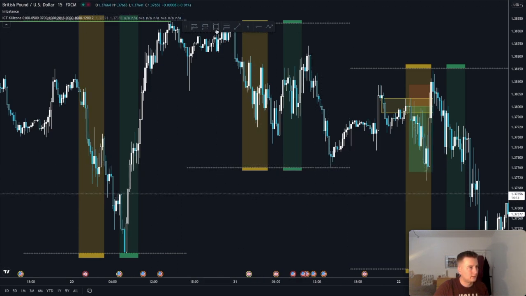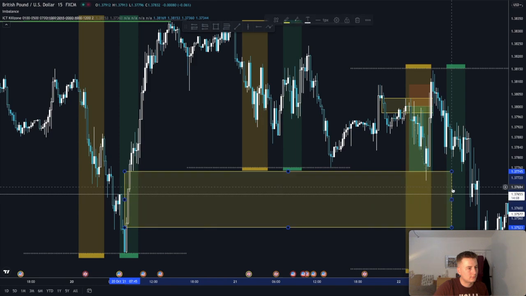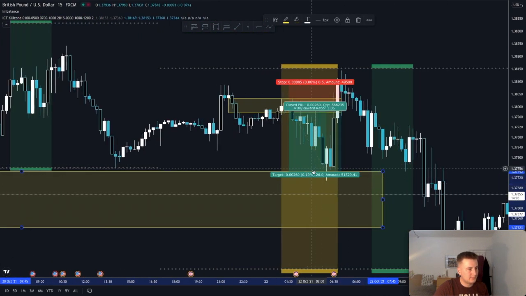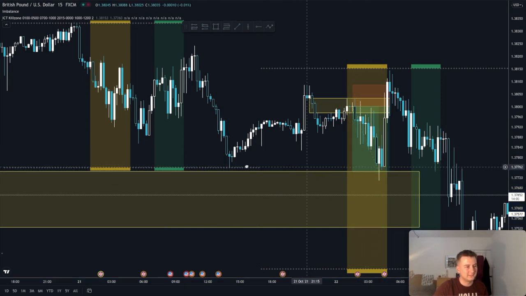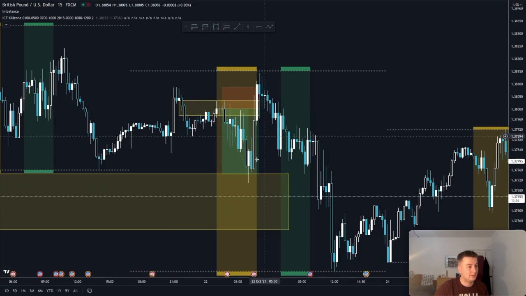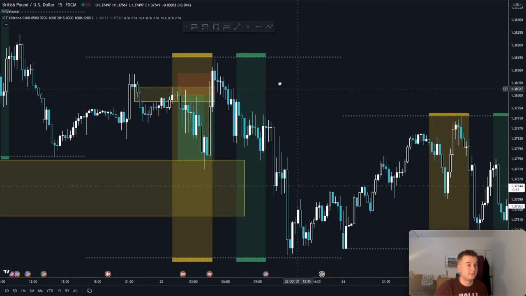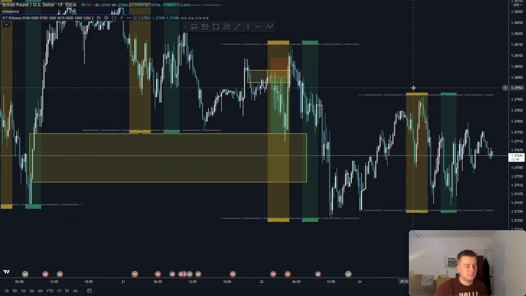But here there's a huge imbalance area, which I set my take profit at. So in and around this area is where I wanted to get out, and I was lucky enough for it to come down and hit my take profit and then go straight up. So yeah, that was all my trades this week.